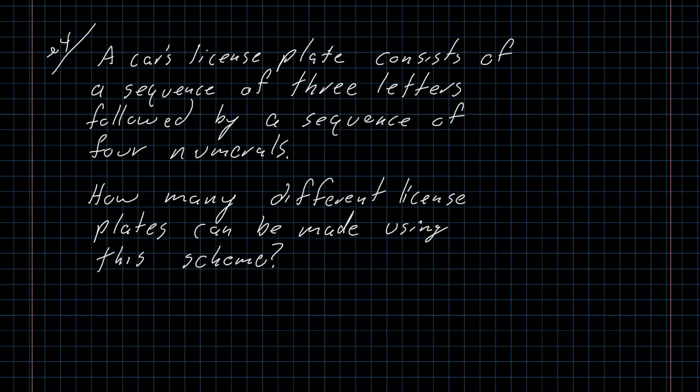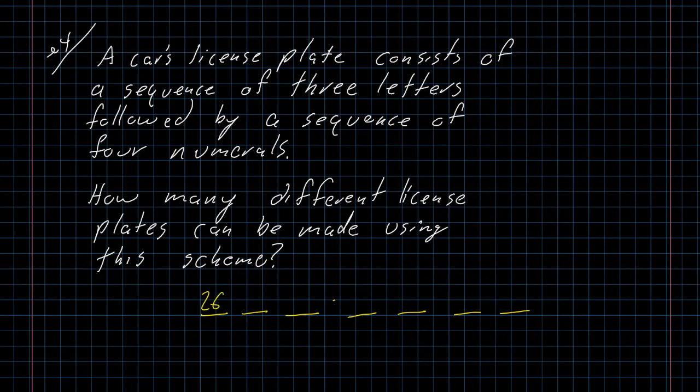Well, think about each step. We need to put a first letter down. We need to put a second letter down. We need to put a third letter down. Then the first number, the second number, the third number, and the fourth number. The letter can be any of the 26 letters in the English alphabet.